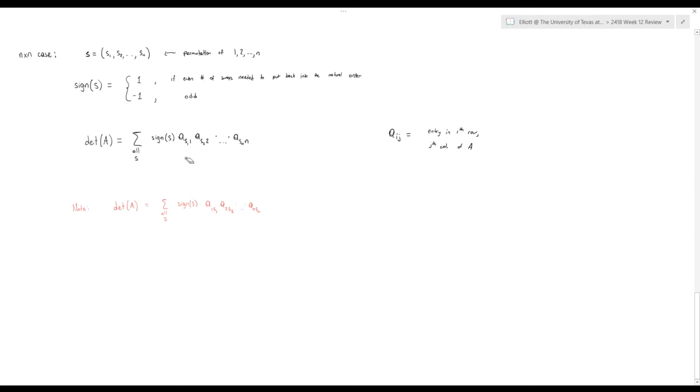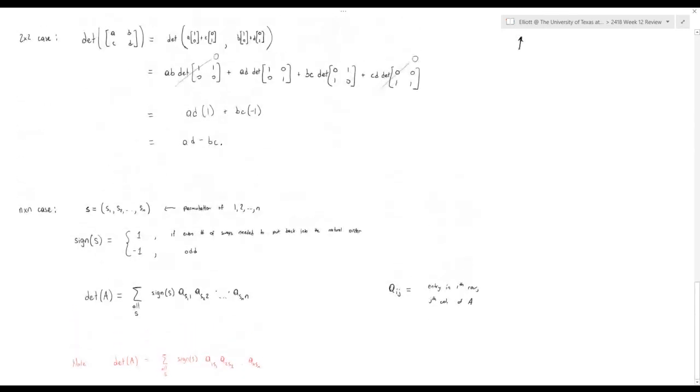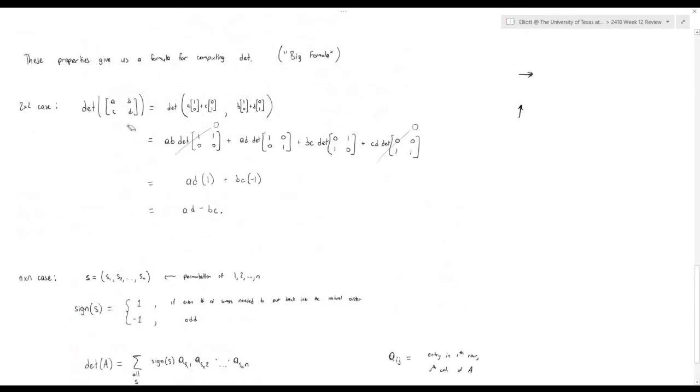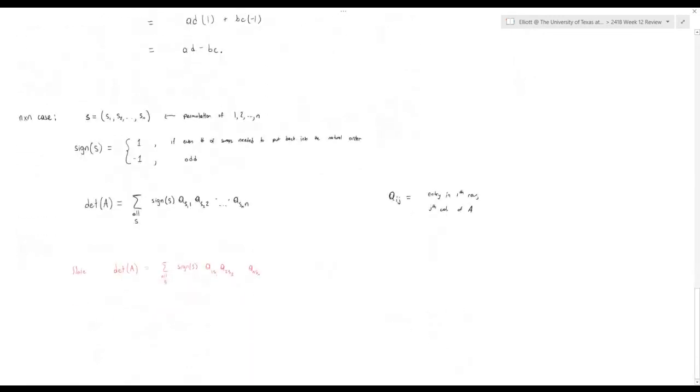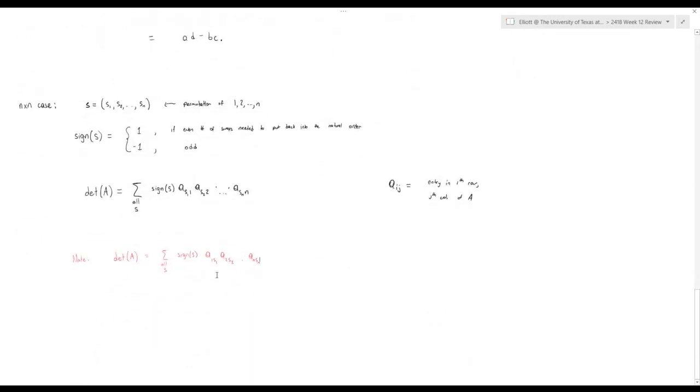I prefer to set it up this way because I'm thinking in terms of the columns of A. When I was describing determinants, I was always looking at the columns of the matrix. But some people look at the rows instead, so they might set it up like this. Both formulas give the same answer, so it doesn't ultimately matter which formula you use. But I wanted to highlight that you'll see some people use this version of the formula instead.